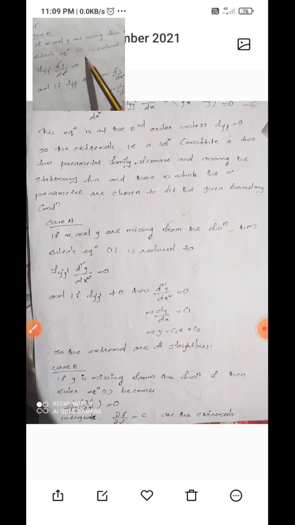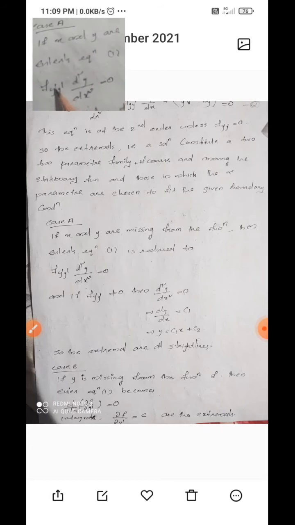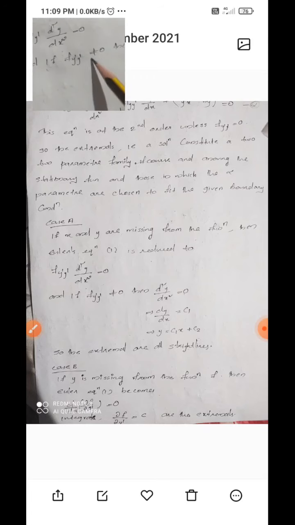equation is reduced to f y dash y dash d square y by dx square is equal to 0. And if f y dash y dash is not equal to 0, then d square y by dx square is equal to 0, which implies dy by dx equal to c1.